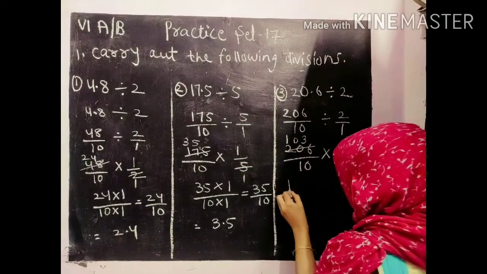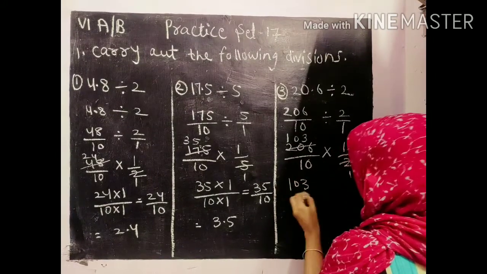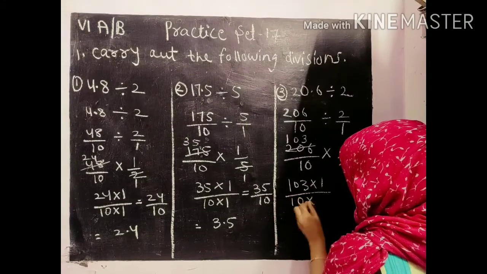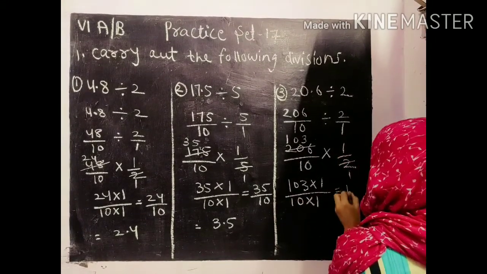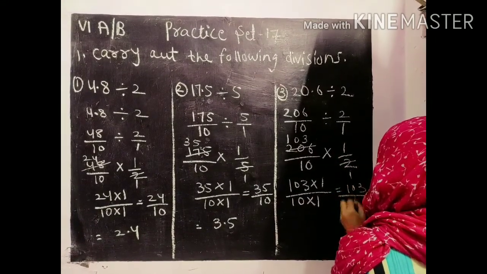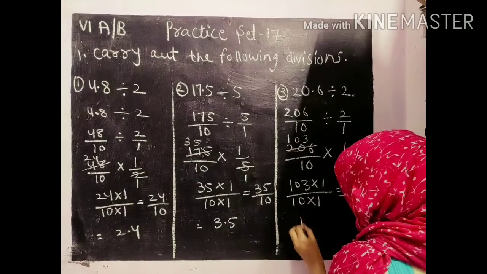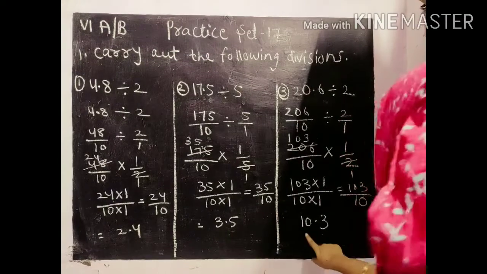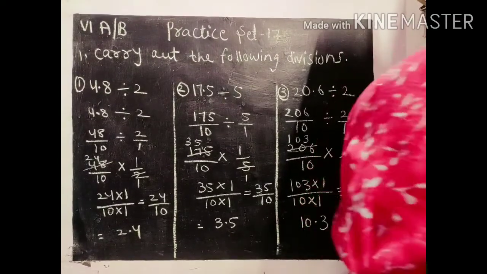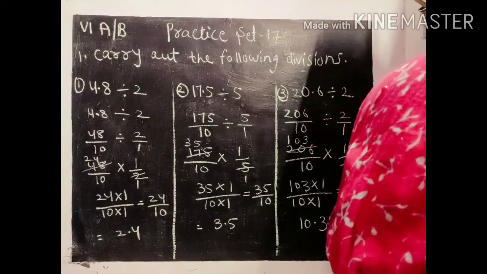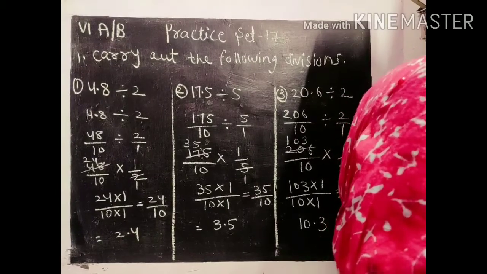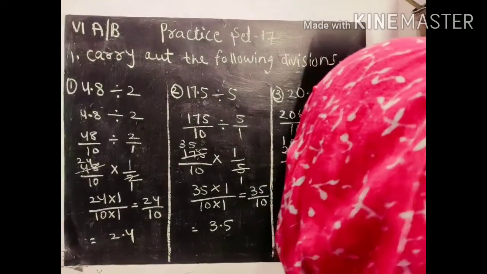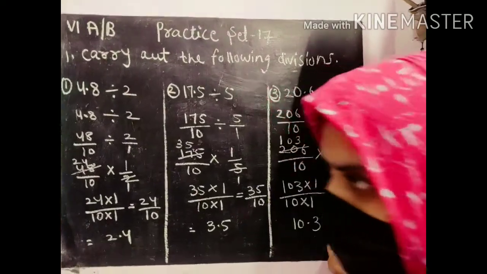So here 103 into 1 and 10 into 1. 103 divided by 10, and the answer will be 10.3. How? Because only 10 is given here, you put the point from your right-hand side, which means after 3 you put the point, and this will be your answer.